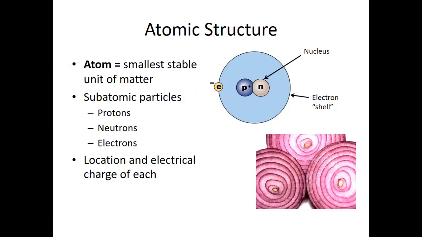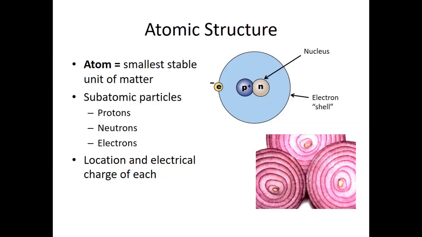So in the center of an atom is found all of the protons and neutrons. They are very densely packed inside a structure that we call the nucleus. Nucleus always refers to the core or the center, while the electrons are found outside of the nucleus.